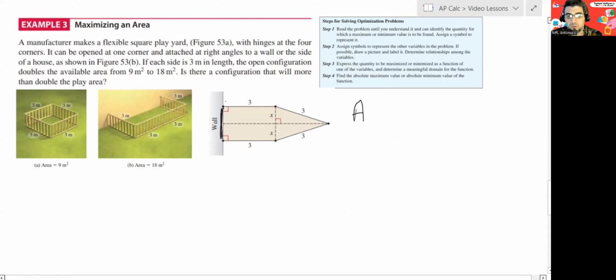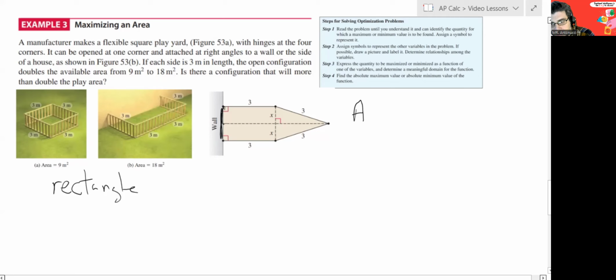All right. So the play area is going to be the sum of those two areas. So the area of the rectangle, let me just write this here.